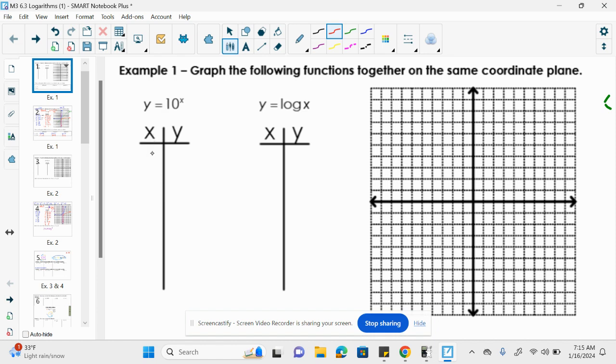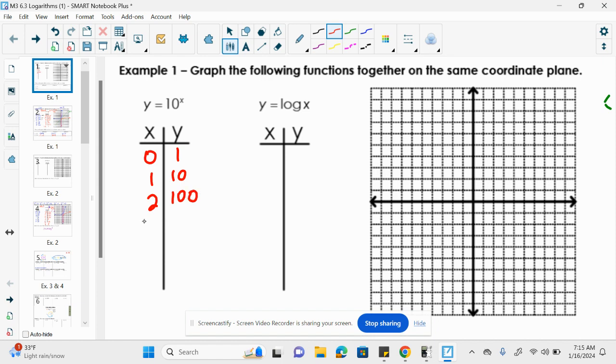So we could say, for example, if we put in 0, 10 to the 0 power is 1. If we put in 1, 10 to the first power is 10. If we put in 2, 10 squared is 100. Okay, so that's getting really big really quick.